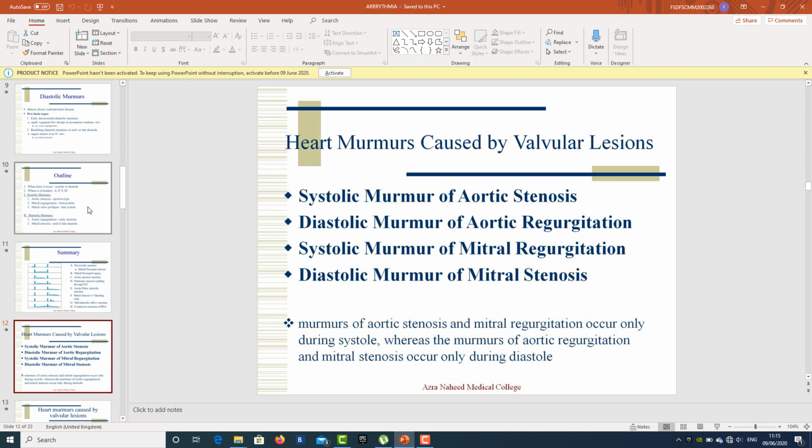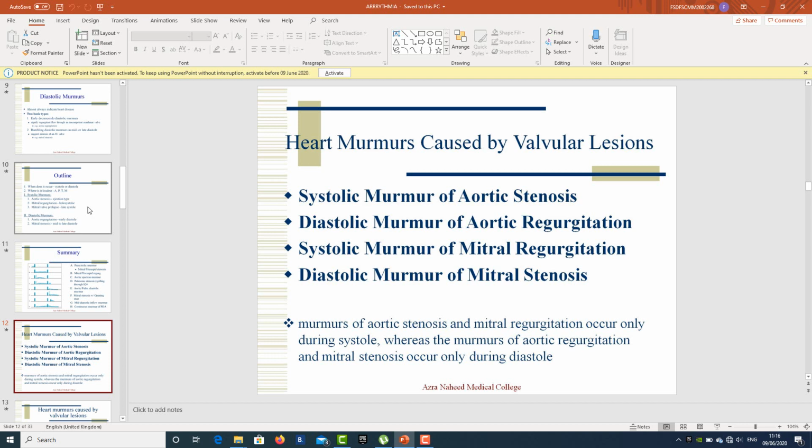Then the heart murmurs which are caused by the valvular lesions. There is the systolic murmur of aortic stenosis, the diastolic murmur of aortic regurgitation, the systolic murmur of mitral regurgitation, and the diastolic murmur of mitral stenosis.